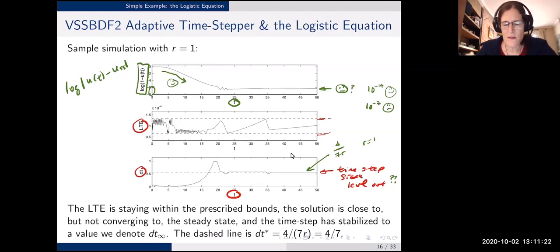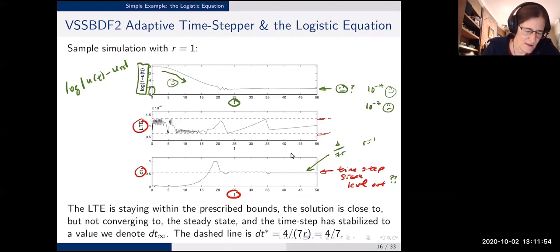So this is interesting. It allows you to use an adaptive time stepper to explore the stability domain of a numerical method, but it also tells you that an adaptive time stepper is not what you should use if you're actually trying to compute a fixed point.